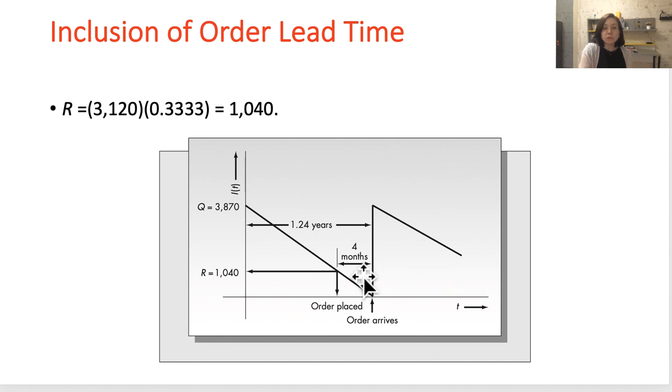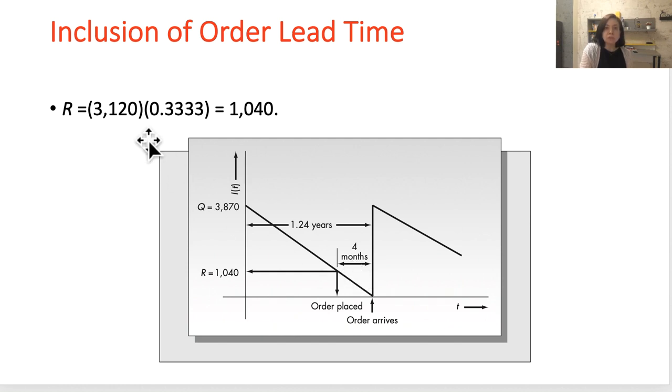But now we know that we have a lead time of 4 months. We want to determine the inventory level when we should give the order. Now lead time is 4 months. We should multiply this lead time with the demand, but demand is given yearly, so we should convert these 4 months into years.